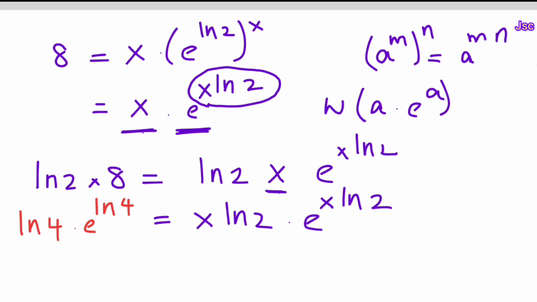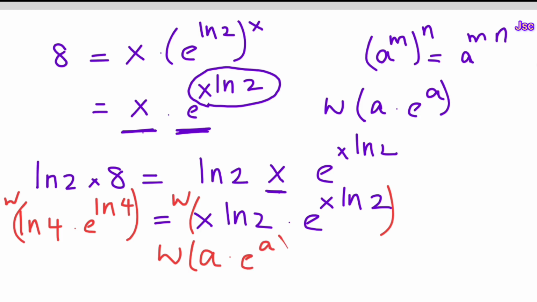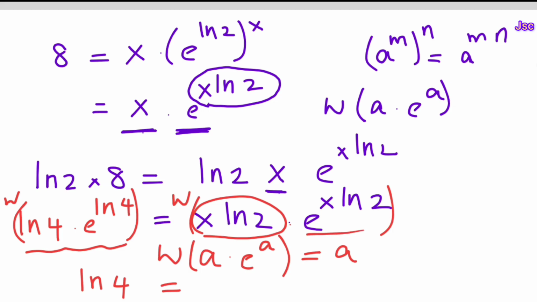So now apply the Lambert W function. For a times e^a, we can simply write this as a. So the left hand side we can simply write as ln 4, that is equal to the right hand side, which is also a times e^a, so simply a, that is x ln 2. So what we got: ln 4 equals x ln 2.